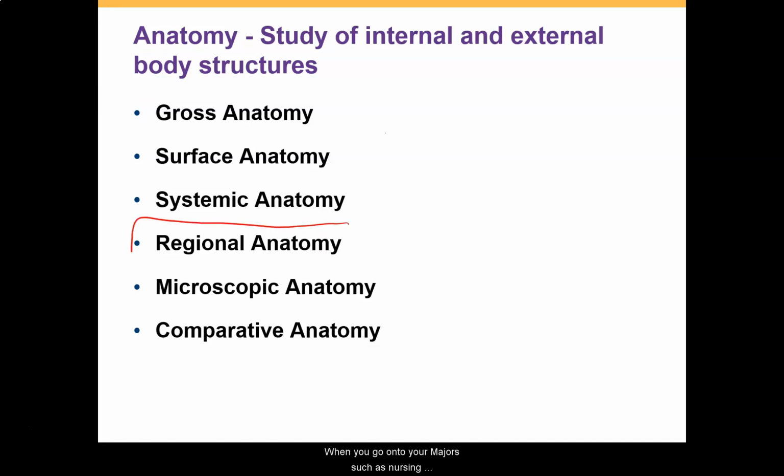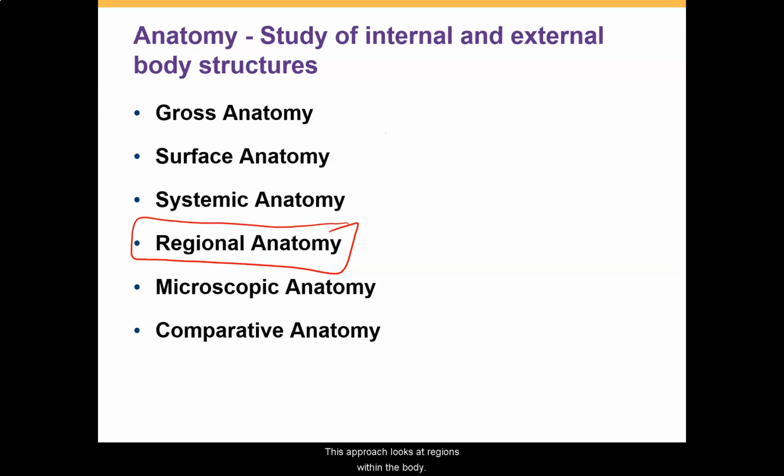Now, when you go on to your majors, such as nursing courses, or if you go into medical school, the approach they take when they examine anatomy is a regional anatomy approach.